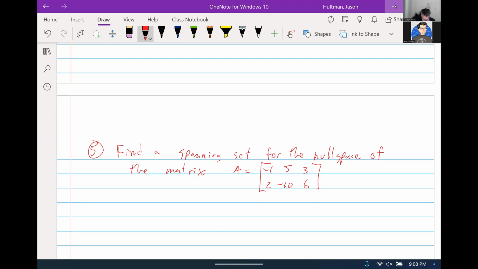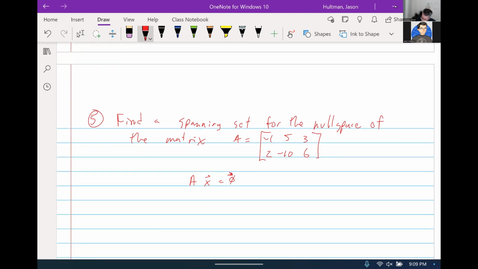Well, the null space is when we have everything equal to zeros. So again, it's when AX is equal to 0, right? That's when we end up with the null space. So my 0 vector would be 0, 0.